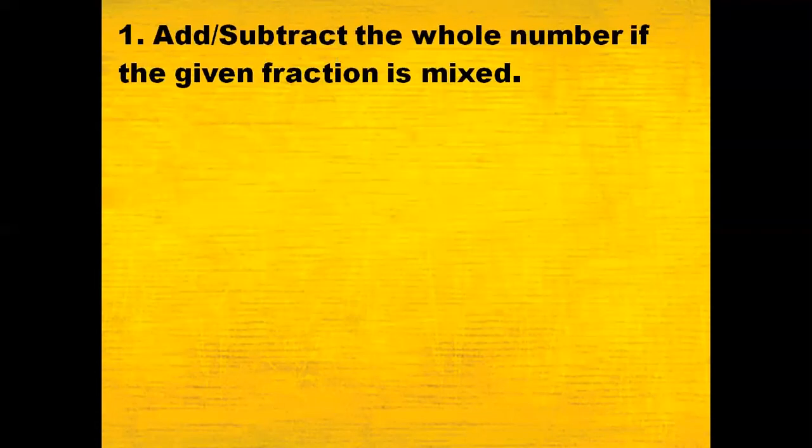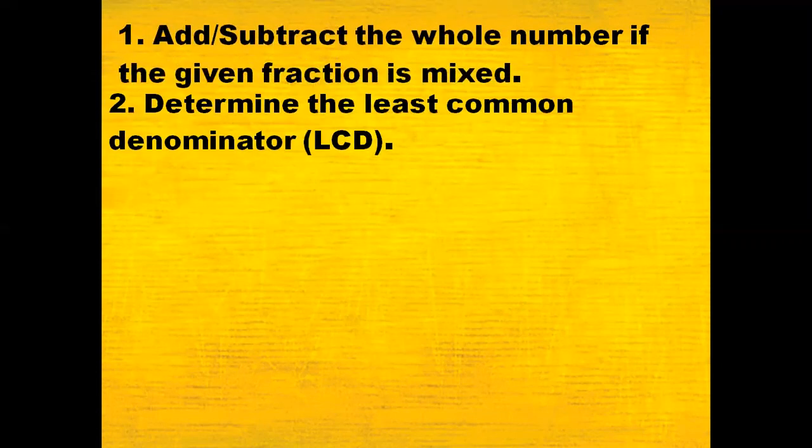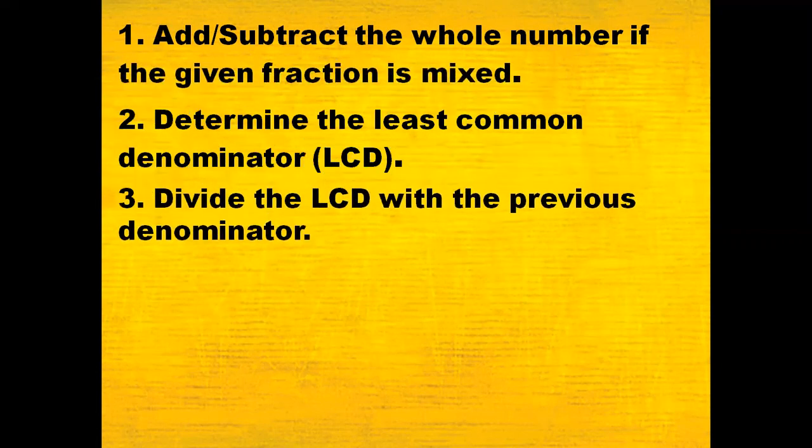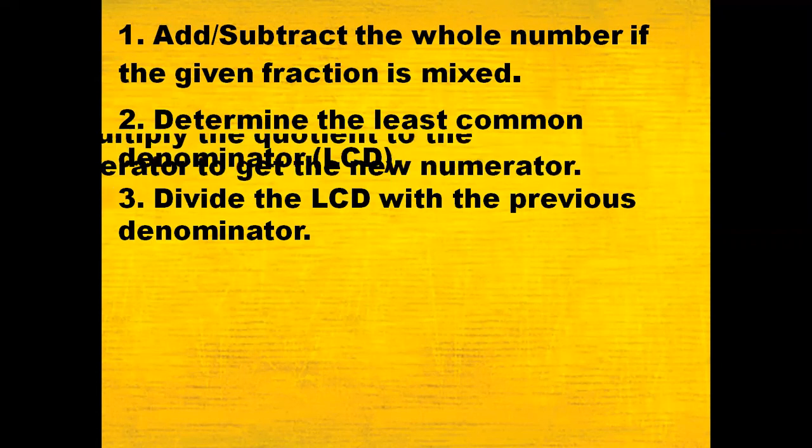Step number 1. Add or subtract the whole numbers if the given fraction is mixed. Number 2. Determine the least common denominator or LCD. Number 3. Divide the LCD by the previous denominator.